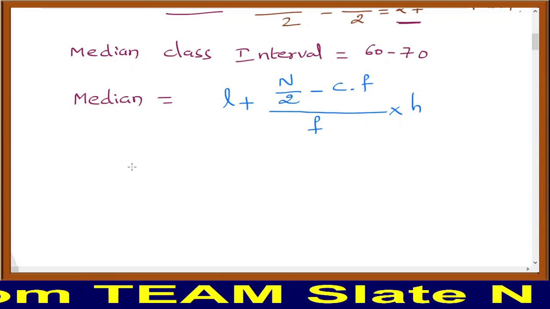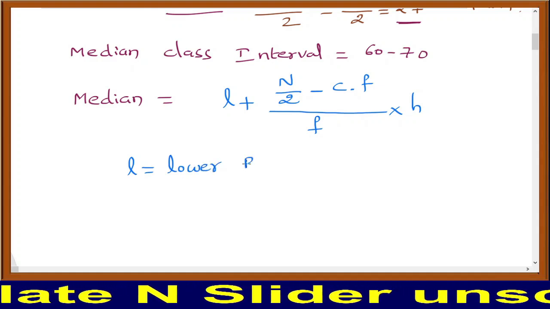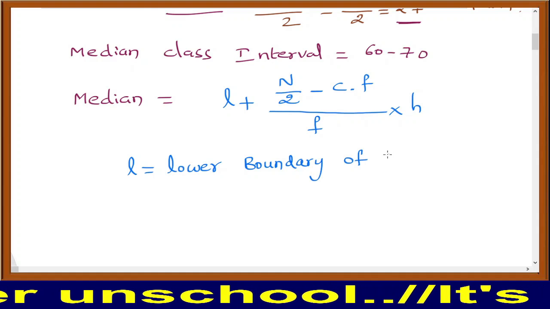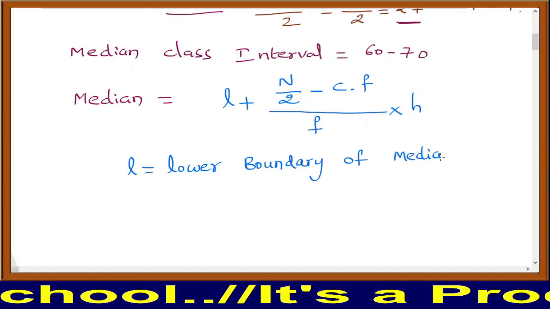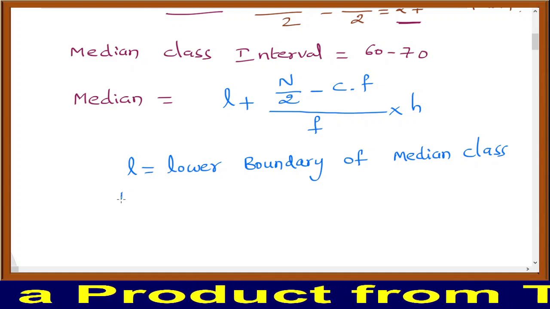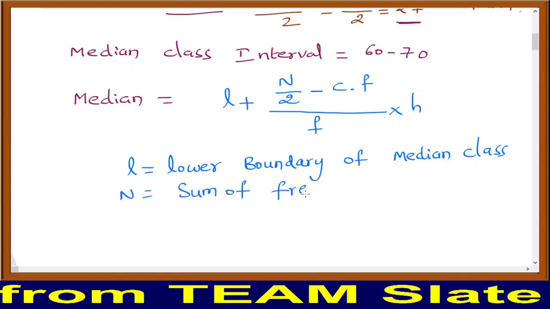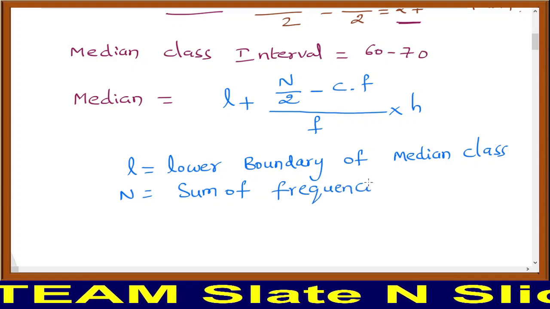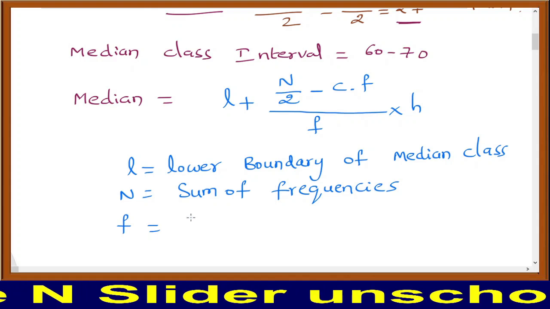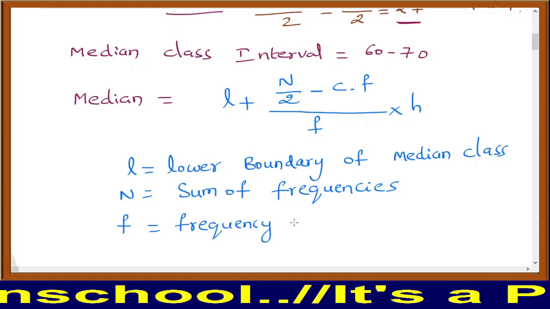So I will write L. L is equal to the lower boundary of the median class, and n is equal to the sum of frequencies. F is equal to the frequency of the median class.